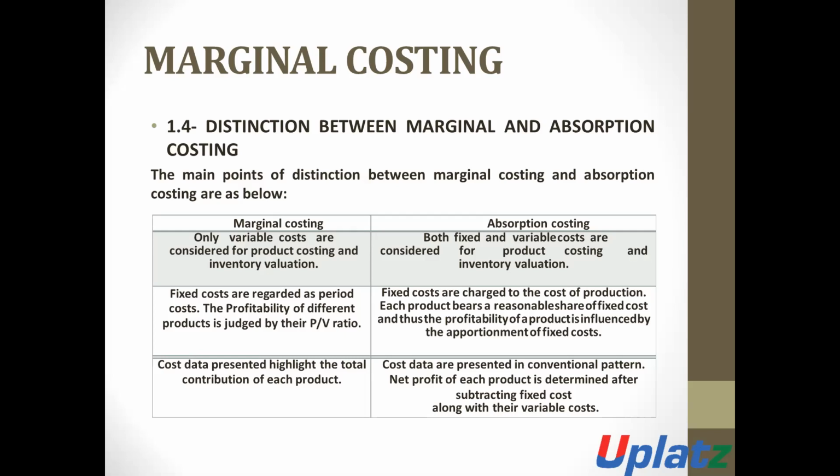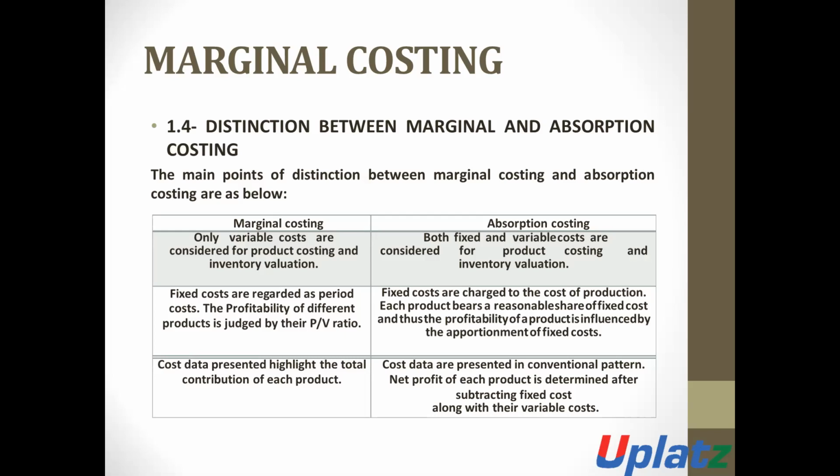In the case of marginal costing, the fixed costs are regarded as period costs. The profitability of the different products is to be determined by the PV ratio.